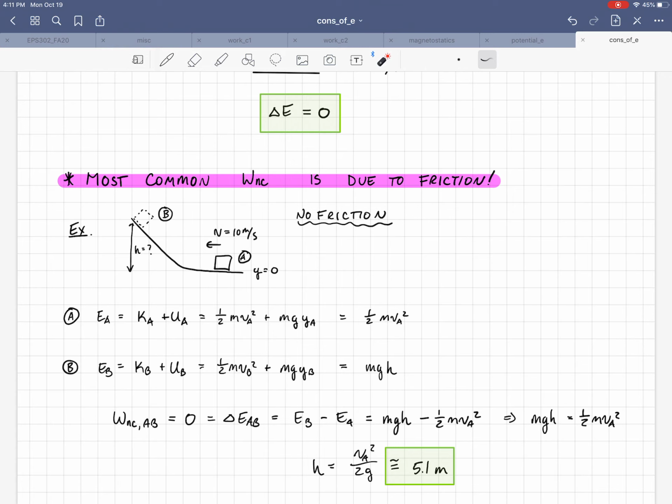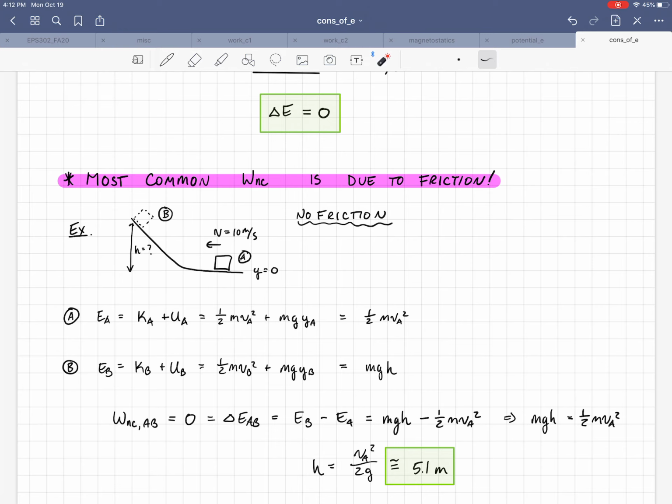Now, notice in my analysis, all I did was take into account the initial speed, 1/2 mv squared, and then the final location where this object comes to rest. Since there's no friction, it doesn't matter how my block gets from the ground to its highest point, since the only force acting on my object that influences the motion is the force due to gravity.